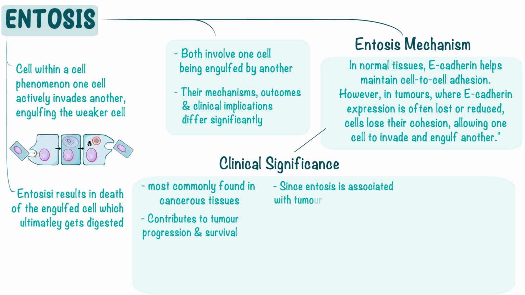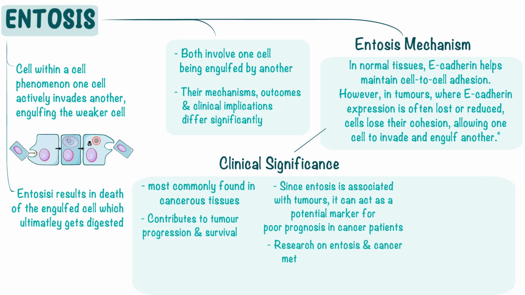Given its association with aggressive tumors, entosis is being studied as a potential marker for poor prognosis in certain cancers. It also raises interesting questions about the role of cell competition and survival within tumors. Entosis is a relatively newly recognized phenomenon and is a subject of ongoing research.